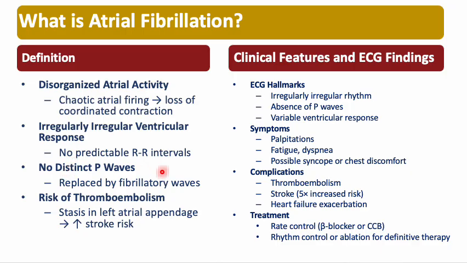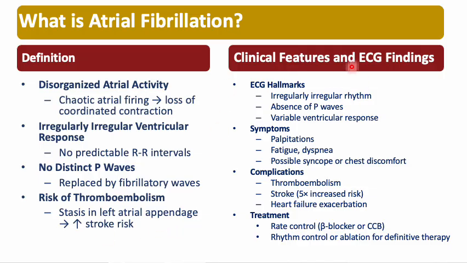There's no predictability in the R to R intervals, and there are no distinct P waves. This puts patients at risk for thromboembolisms, because if there's no coordinated contraction, you can have stasis in the left atrium, which can throw a clot. If the blood is just sitting there, it can potentially clot, and patients are at increased risk.